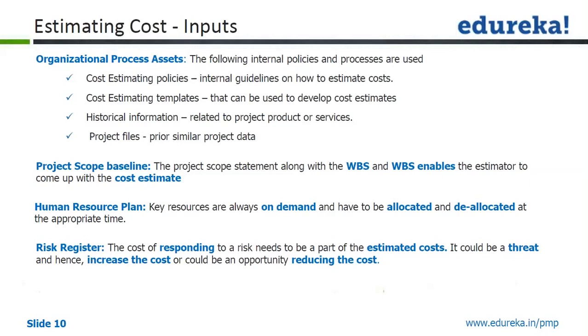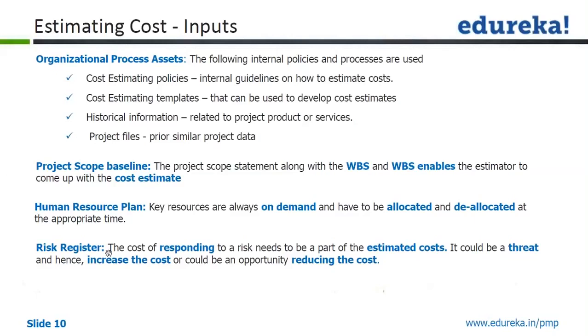The risk register: when you identify risk, that process gives you a risk register. When you have a risk, you may generate a response plan which will add to the cost. So it will be activity based.